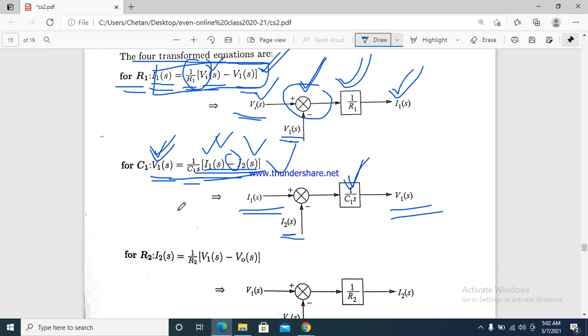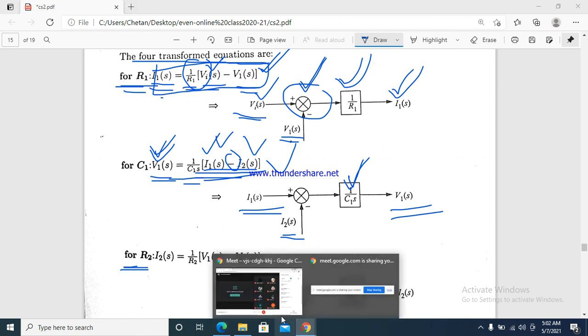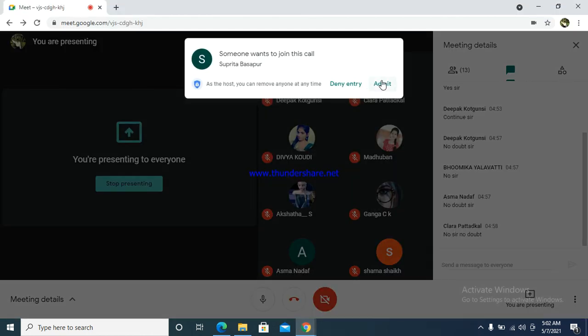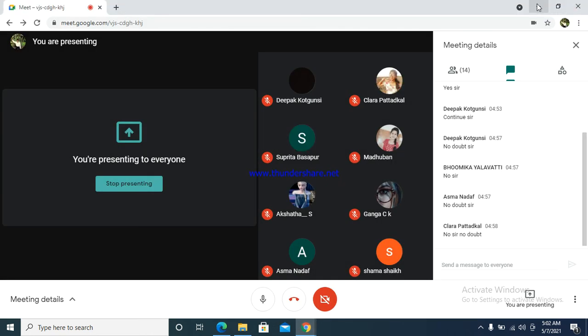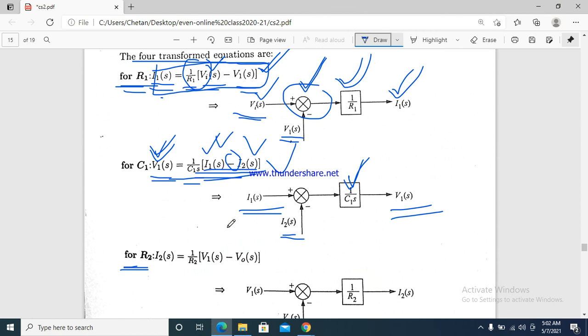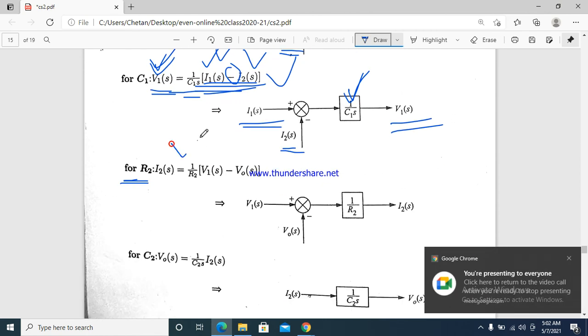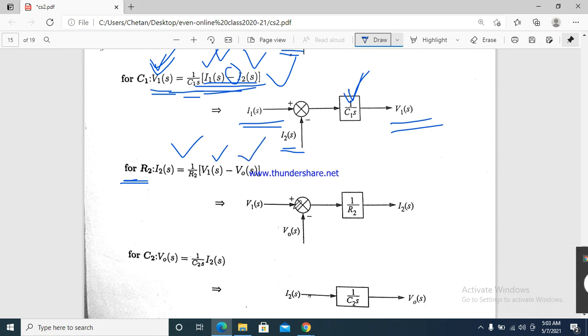For resistor R2, it is similar to R1, so here also you should write it down for R2. I2 of S equals 1 by R2 times V1 of S minus V0 of S. These are subtracted at a summing element and multiplied by 1 by R2 to give I2.